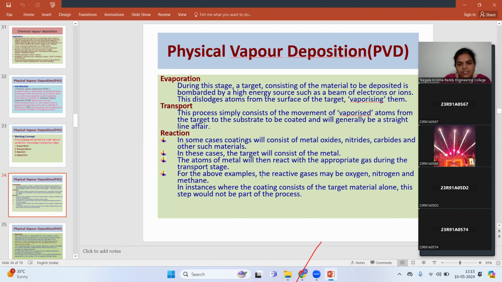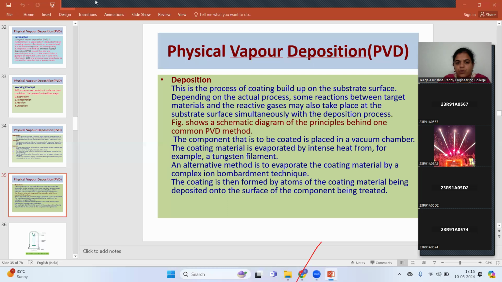For the above example, the reactive gases may be oxygen, nitrogen, and methane. In instances where the coating consists of the target material alone, this step would not be part of the process. And the fourth stage is deposition.